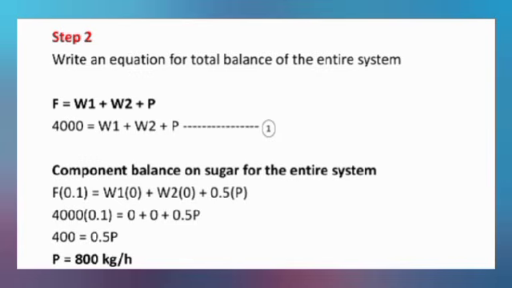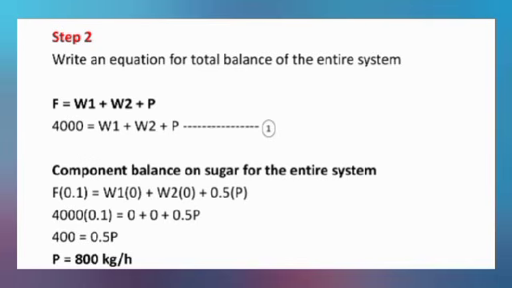After getting your total balance equation, we have to write the equation for component balance, and the component balance equation is written with respect to a particular component. So in this situation, we are considering the sugar as our component. The percentage given for the sugar in the raw material was 10%.